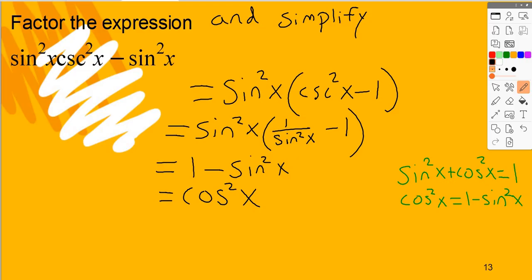Now, how I would have done it, which is okay that y'all didn't, because there's usually more than one way. Do we have a Pythagorean identity that has cosecant and 1 in it? Yeah, 1 plus cotangent squared of x equals cosecant squared. So notice that we could have done something similar.